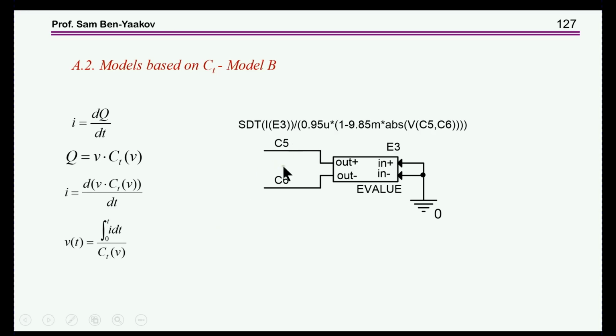CT I've approximated by this equation. So I take another operator called SDT, which is an integrator, integrating the current that goes in here. This is the current of the capacitor, and dividing it by CT, which is approximated by this equation. So this is another way to do it.